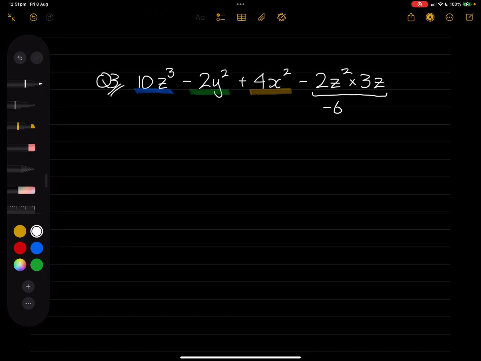Z squared is z times another z, that's 3 z's, that's z cubed. So sometimes you'll have to do a little bit of maths before you can identify that actually the last term is like the first term. So we have 10z cubed minus 6z cubed, that's 4z cubed, minus 2y squared plus 4x squared. And this is the solution. So this is how you identify like terms and how you group them together.